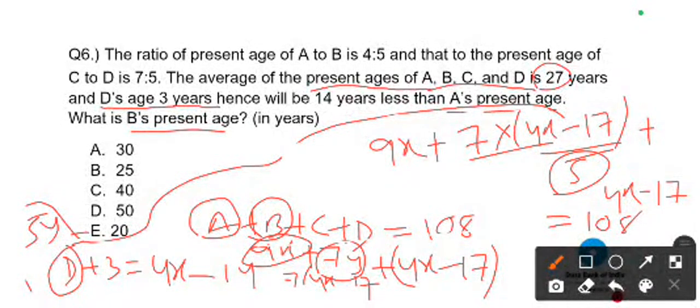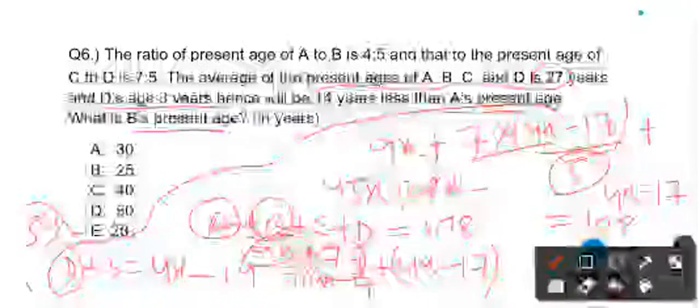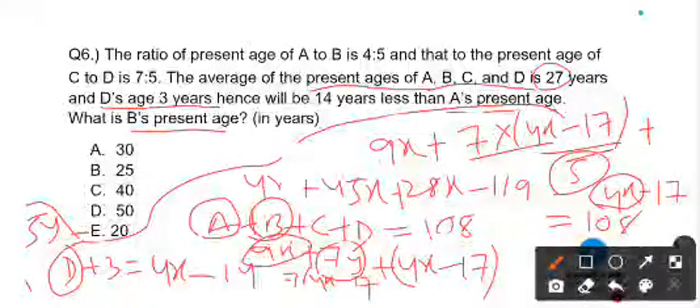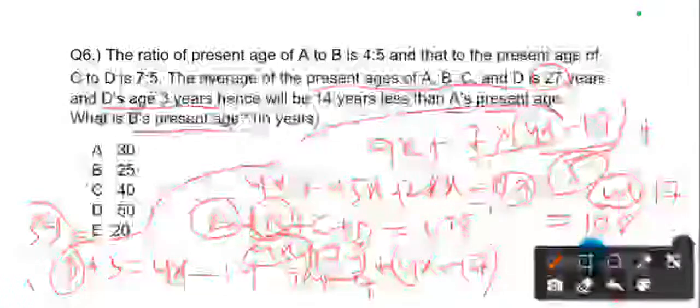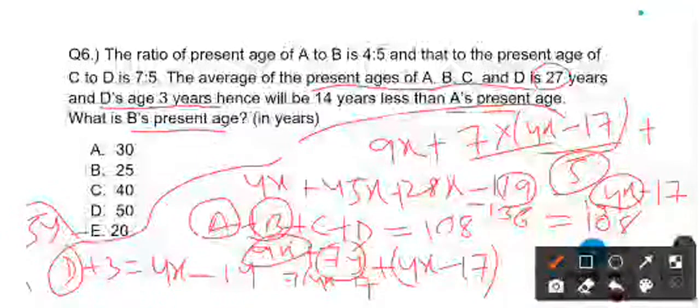Other than Lalita, anyone got the answer? We got 9 times 5, 45x, plus 7 times 4, 28x, minus 17 times 7, 119, plus 4x minus 19, equals 108.